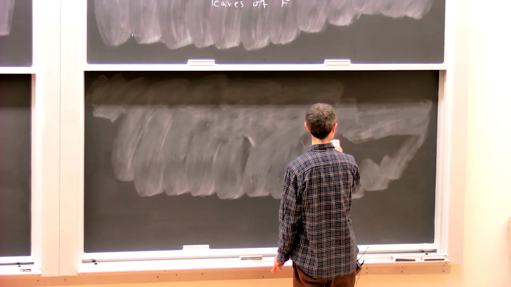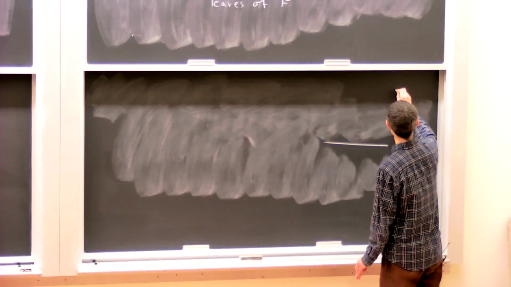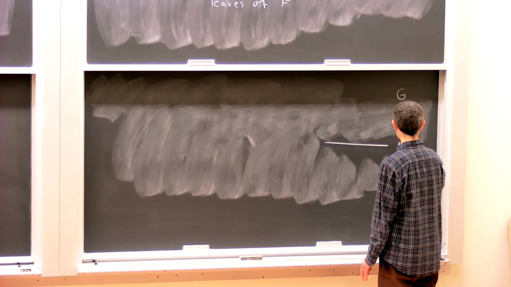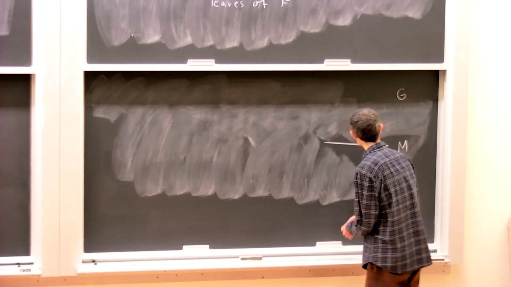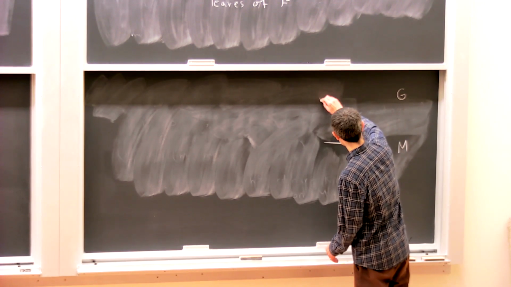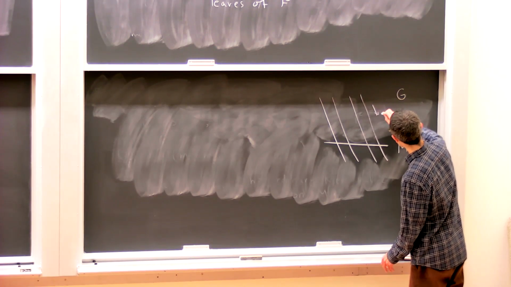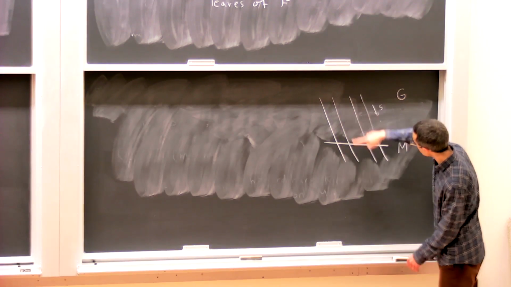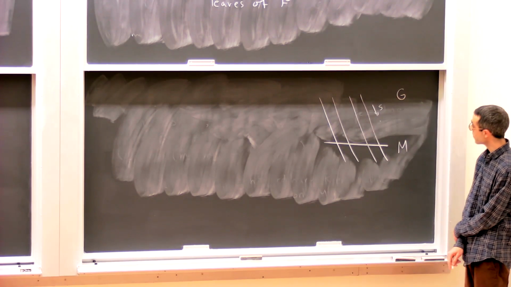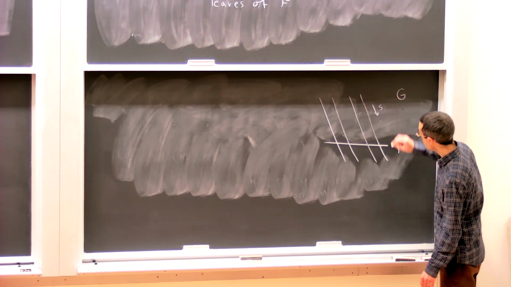We can go back to this picture I had of the Lie groupoid. So we have G over M, and maybe I won't bother drawing the range fibers this time, just the source fibers. What I'm drawing here are the source fibers, the fibers of the source map.